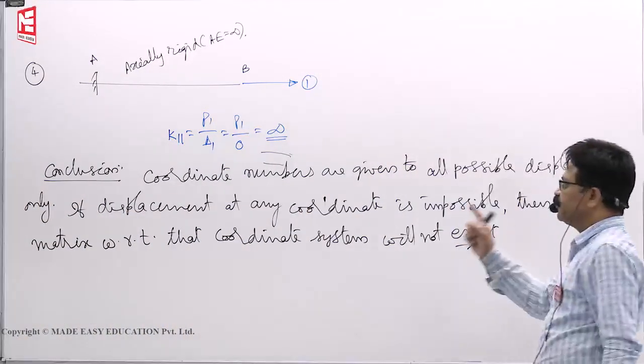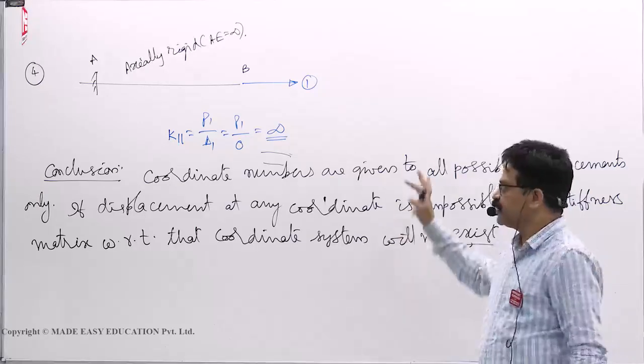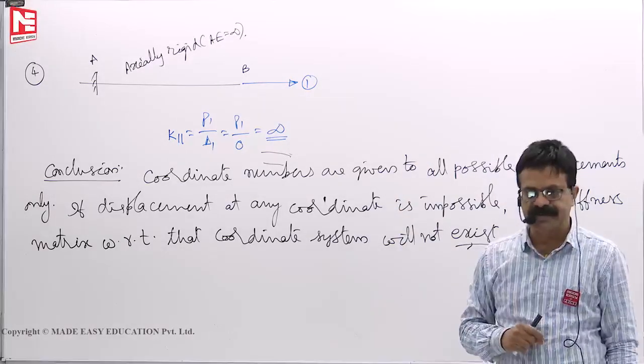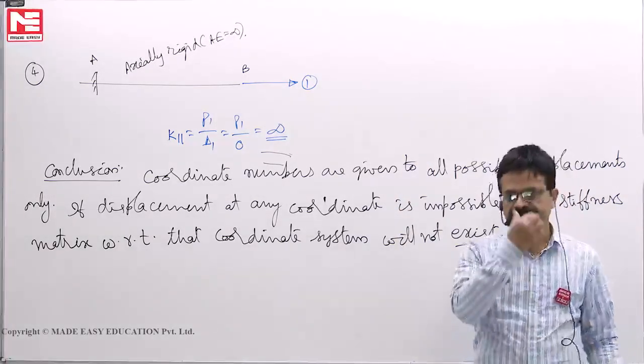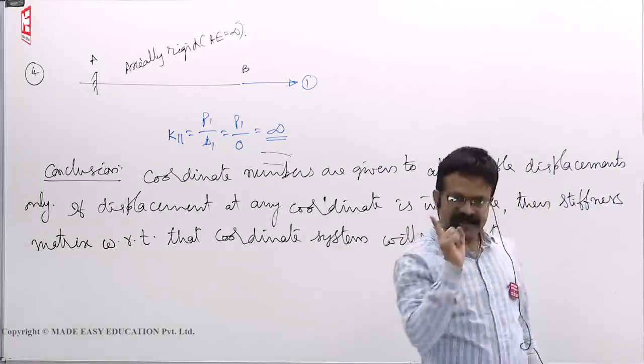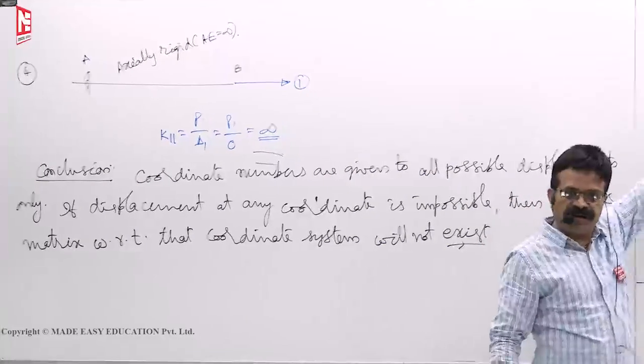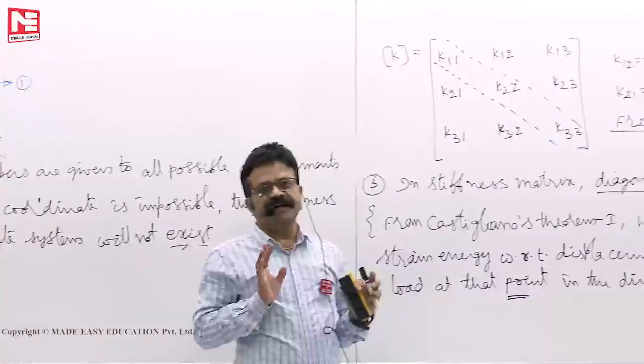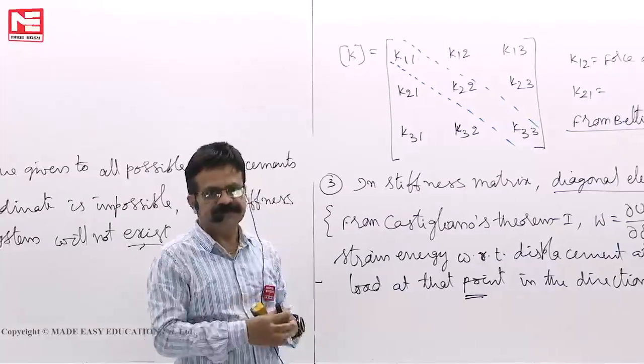Now, with this understanding of the characteristics of the stiffness matrix, in the examination our task is, in 2 minutes' time, to build or write one stiffness coefficient, or at the most a 2 by 2 matrix, you have to develop in 2 minutes' time. Okay.